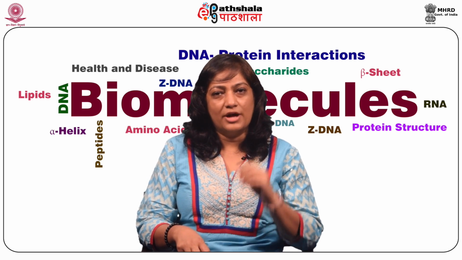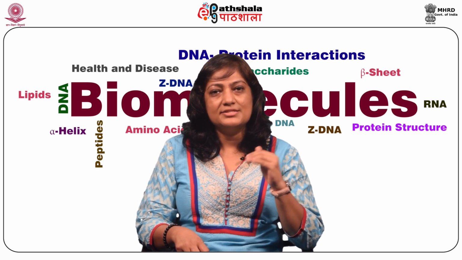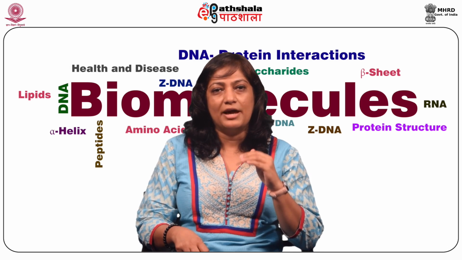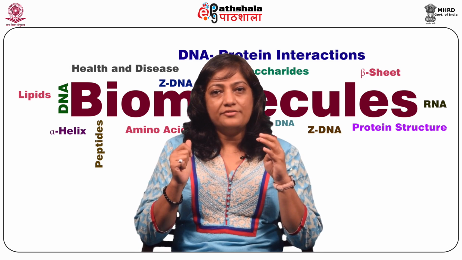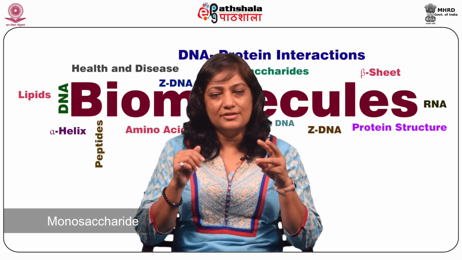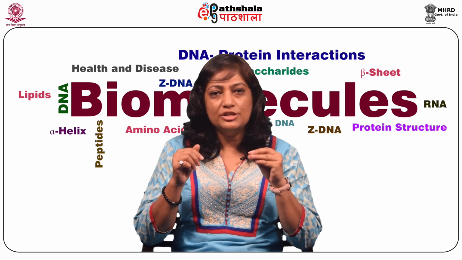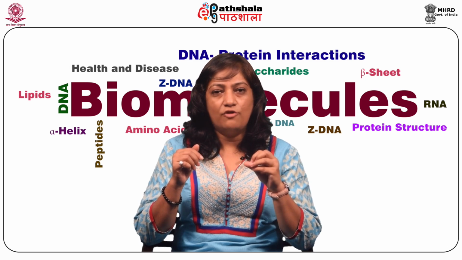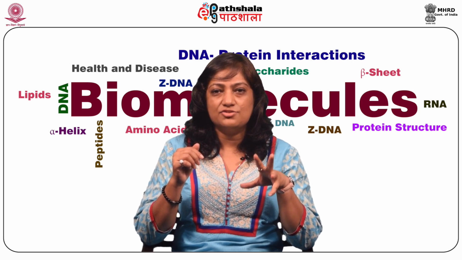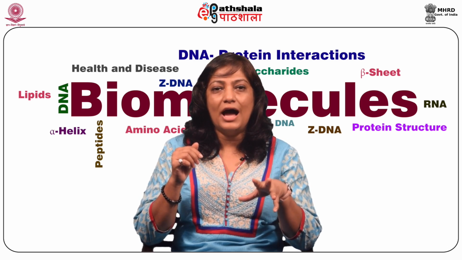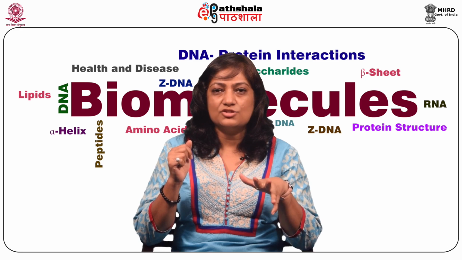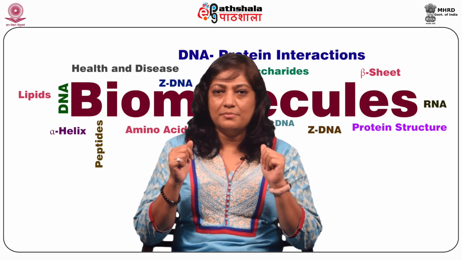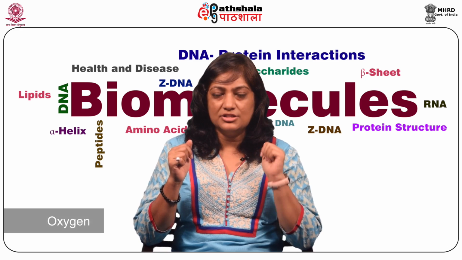So what are carbohydrates? Carbohydrates are considered the most abundant biomolecules that exist on Earth. Carbohydrates consist of monosaccharide, which is basically the minimal unit building block for the construction of di, tri, tetra, oligo, and polysaccharides. Monosaccharide molecules consist of three atoms, namely carbon, hydrogen, and oxygen.